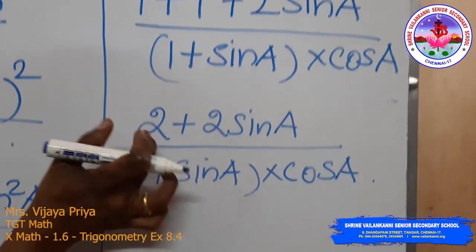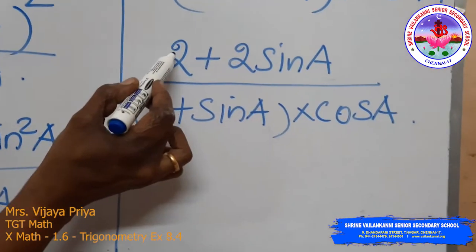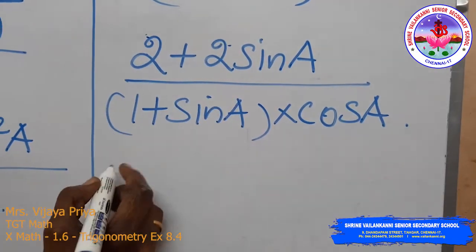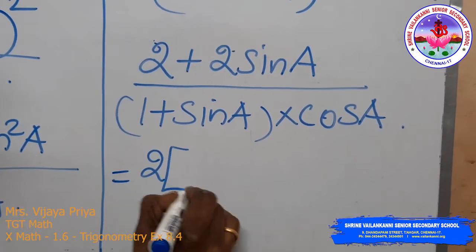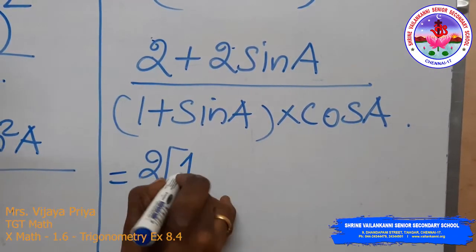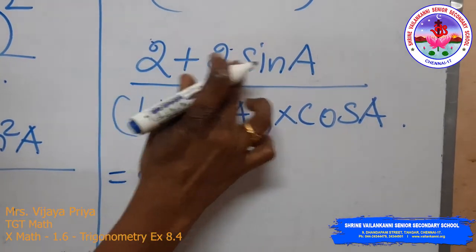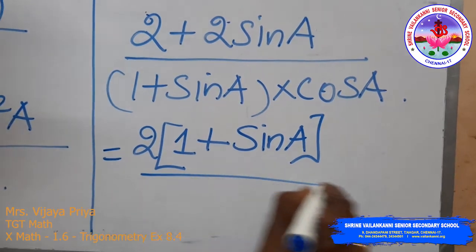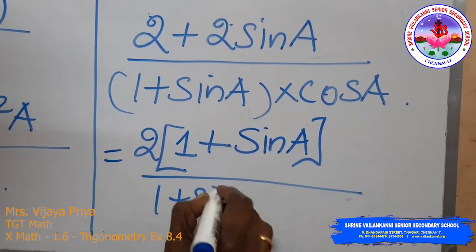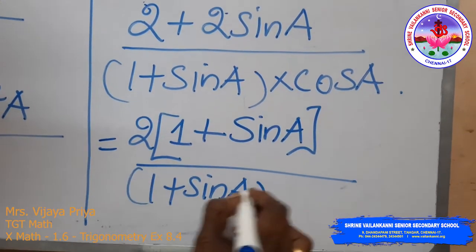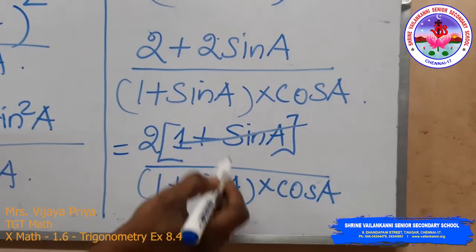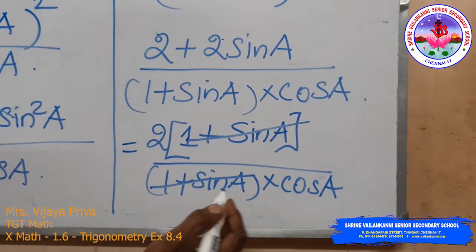Now in this numerator, you have the first term and the second one, you have 2 as a common. So if you take 2 as a common, in the first case 1 plus sin A remains, by (1 plus sin A) into cos A, where (1 plus sin A) gets cancelled.